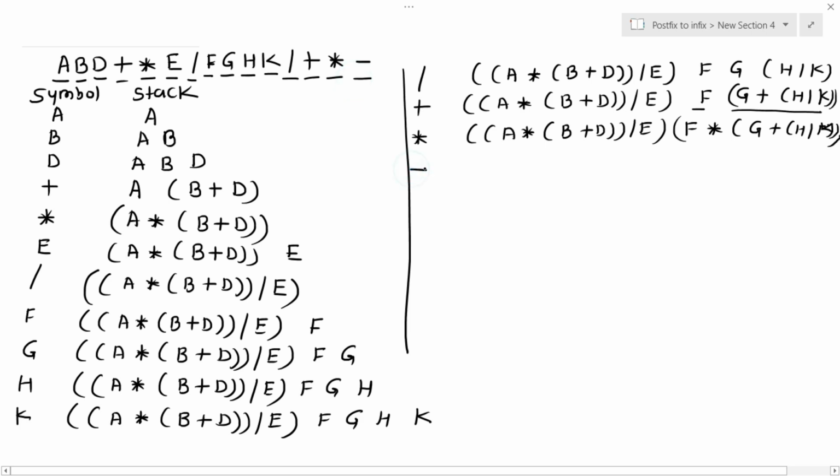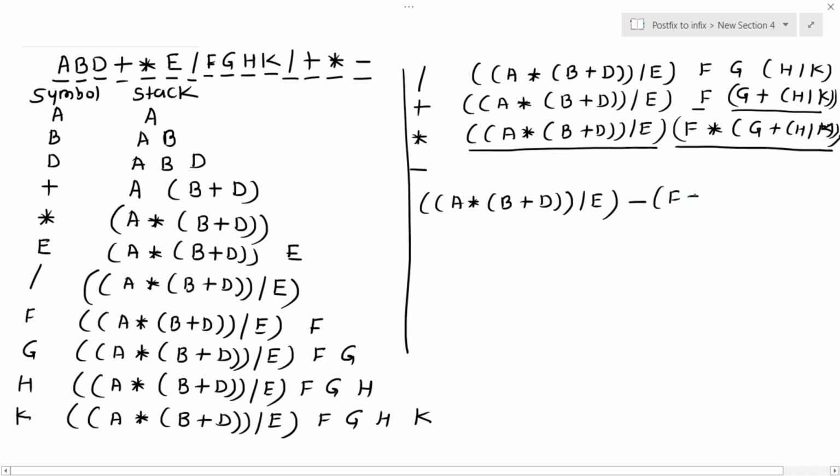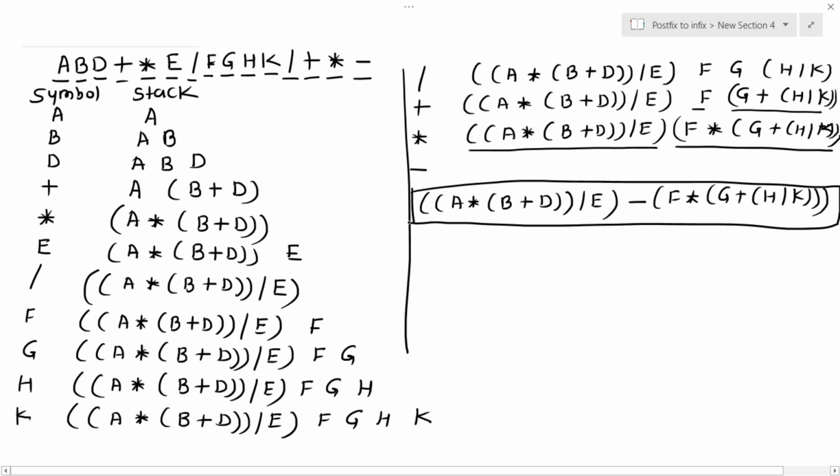Now we have only 2 operands remaining. This is 1 and this is 2. So the final expression is A into B plus D division E minus F into G plus H divided by K, and that's it. This is our final infix expression for the above postfix expression.